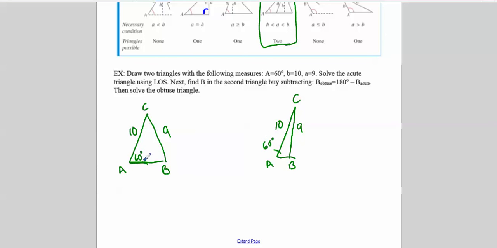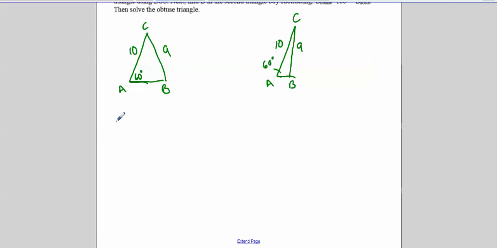So you solve the first triangle the same way we've been doing law of sines. Nothing has changed. So I'm going to find angle B next. I have 10 over sine B equals 9 over sine 60. And I'm going to get 9 sine B equals 10 sine 60.